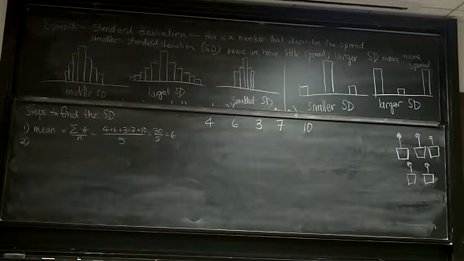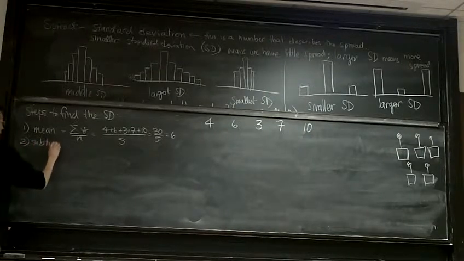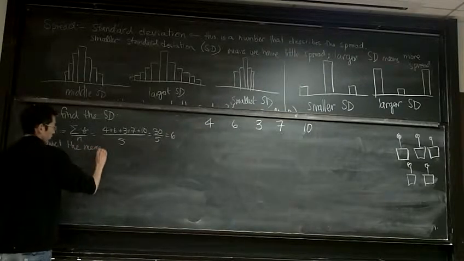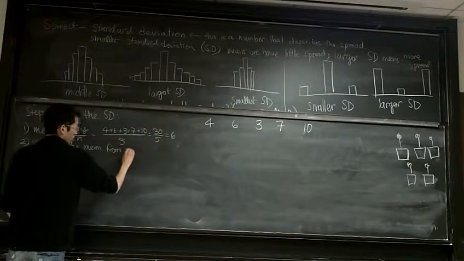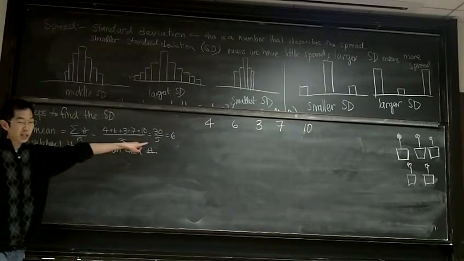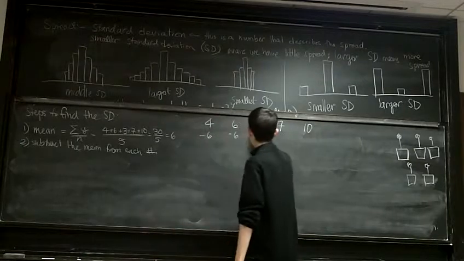Okay. The second step is subtract the mean from each of the numbers. So if my mean is 6, I'm going to subtract 6 from each of these numbers.